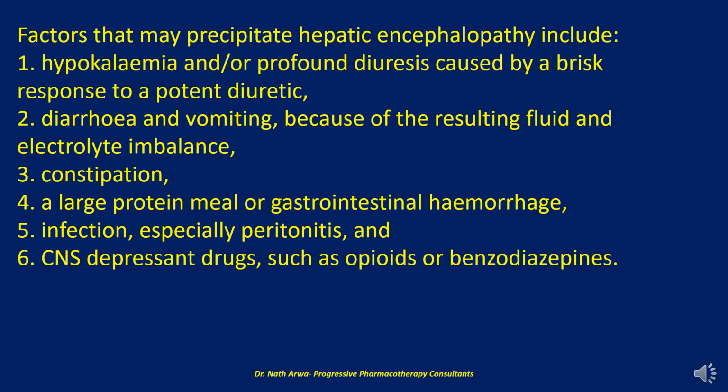Diarrhea and vomiting, because of the resulting fluid and electrolyte imbalance. 3. Constipation. 4. A large protein meal or gastrointestinal hemorrhage. 5. Infection, especially peritonitis. And 6. CNS depressant drugs, such as opioids or benzodiazepines.